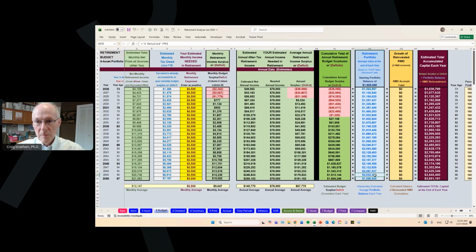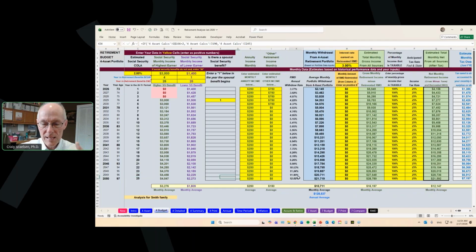In other words, the starting balance is $1 million, and we kept it $1 million the whole time. But by year 24, on average, the balance of this portfolio had doubled. So you have the doubling of a portfolio plus the escalating of the RMD, which leads to very large RMD withdrawals in, in this case, year 25.